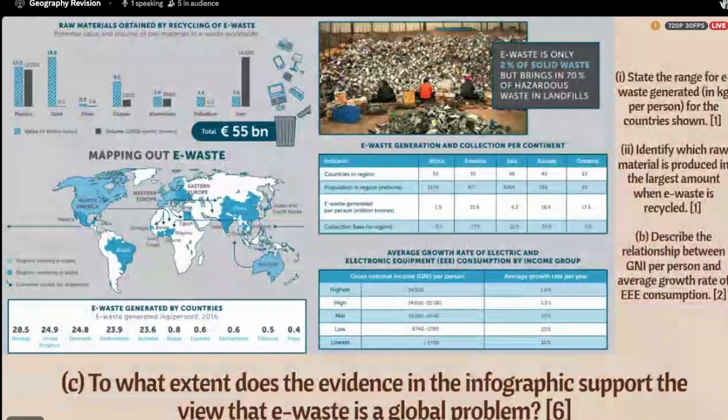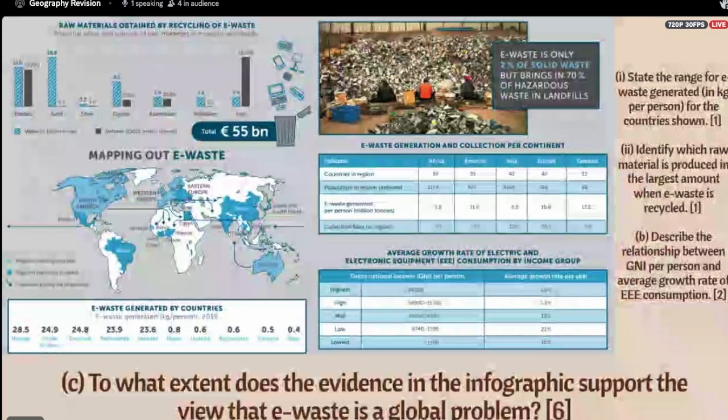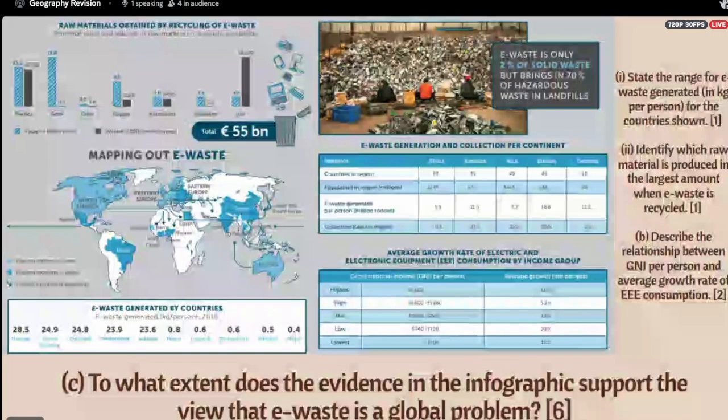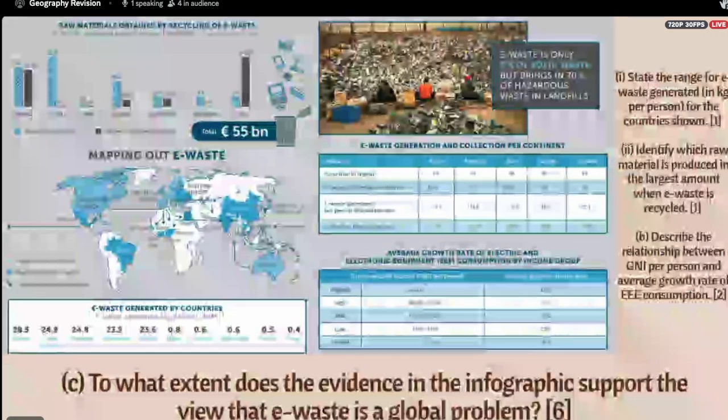So you can allow the question to be your blueprint, right? Try and see how you can find things that agree with the question and things that disagree with the question. Do you get what I mean? The question is always your blueprint because the infographic is there. The information is there. You just have to see what the question asks for to see what you're going to do with the information, all right? Awesome. I hope that makes sense.